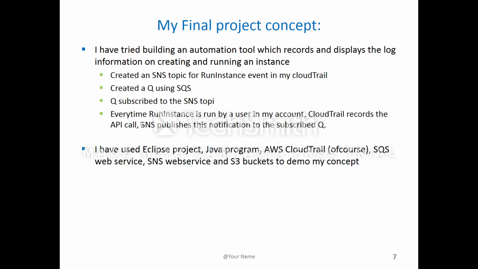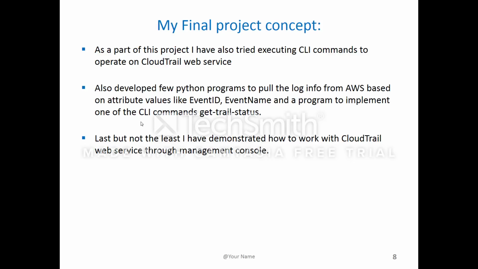I have used an Eclipse project, the IDE, a Java program, AWS CloudTrail of course, the SQS web service, the SNS web service, and S3 buckets to demonstrate my concept. As a part of this project, I have also tried executing CLI commands to operate on the CloudTrail web service.